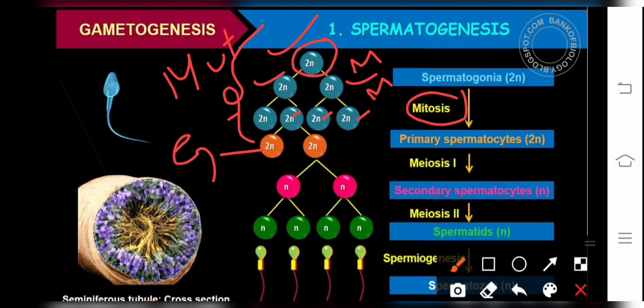Yes? I already said this. So in the growth phase the spermatogonia increase in size and it is now called the primary spermatocyte.